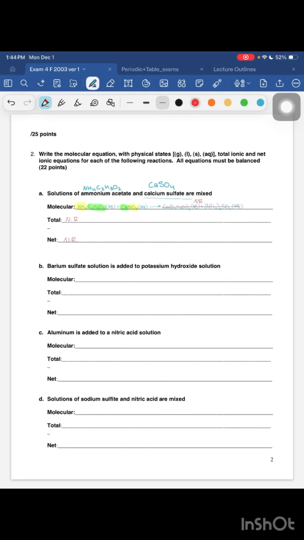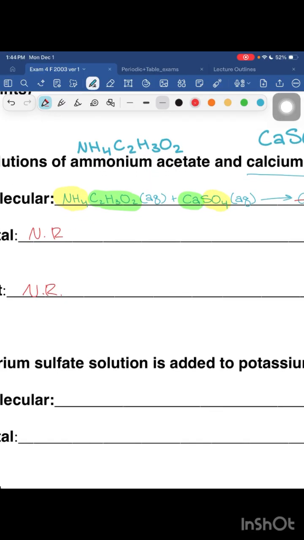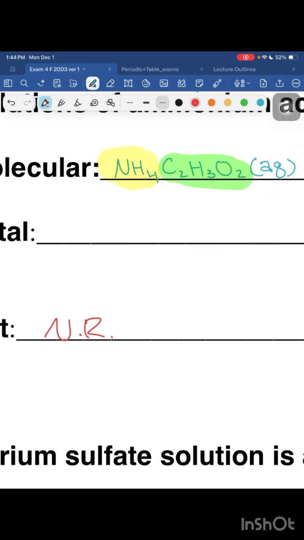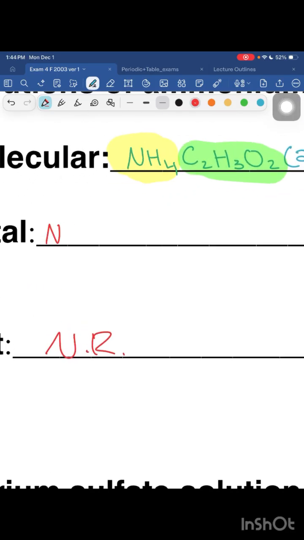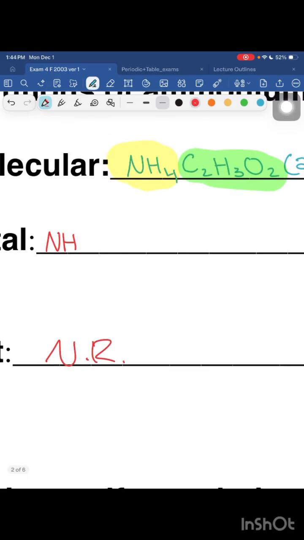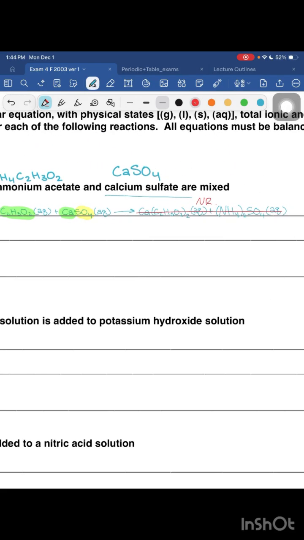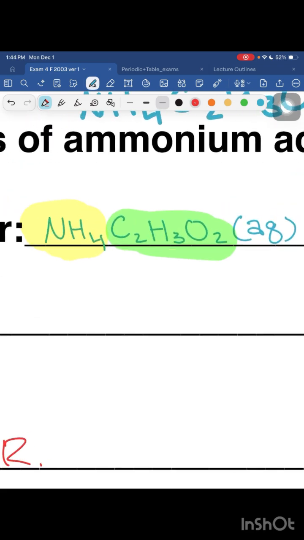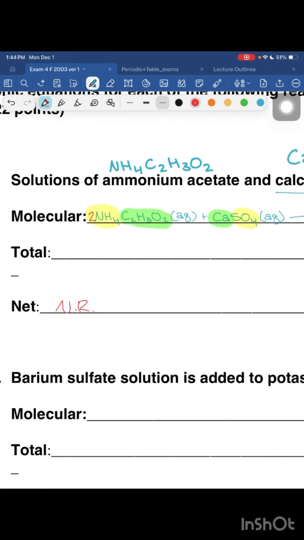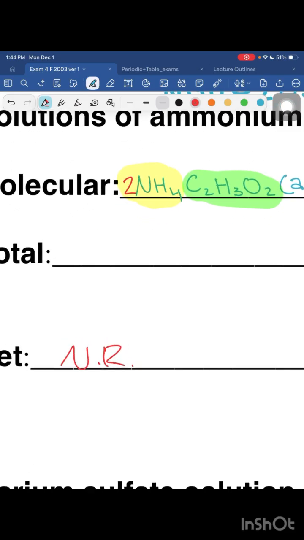If you wanted to be safe and special, you could do the total ionic. Let's do the total ionic. That means I have to balance this. Let's do this quick and easy because the whole point is that this doesn't happen, so it's okay. All you need to do is slap a 2 here, and that's it. So I've got 2NH4+.